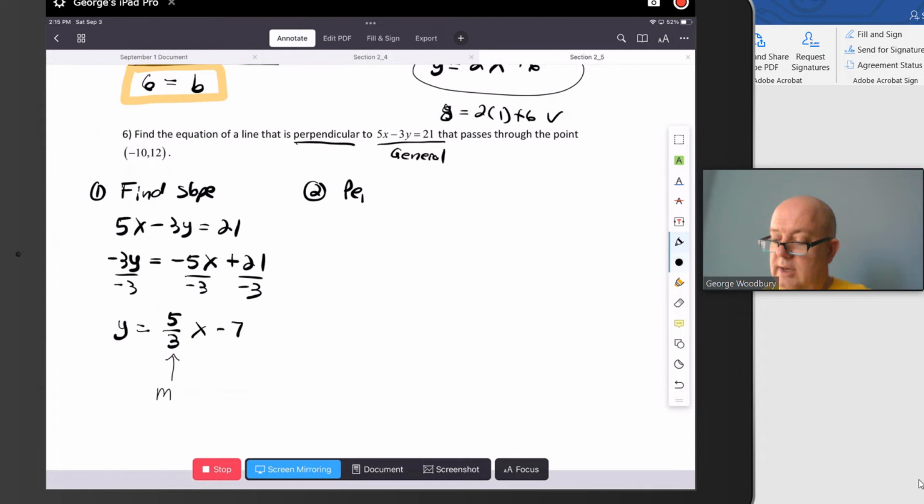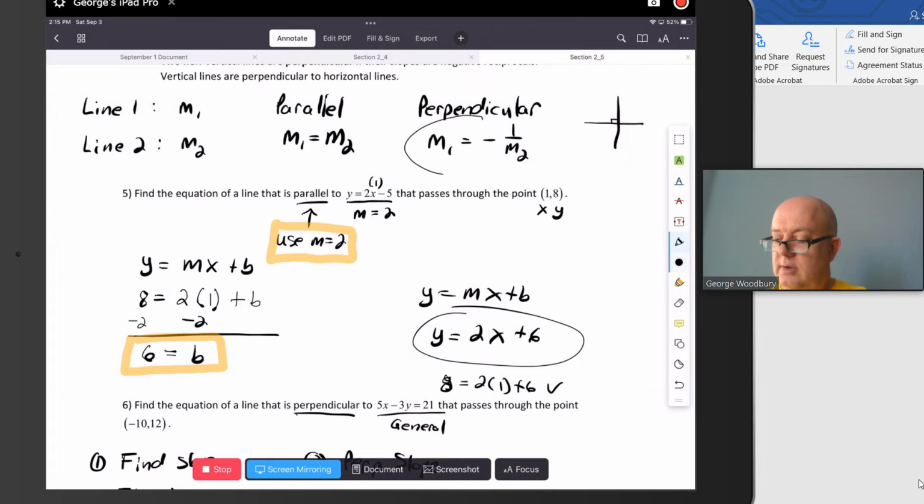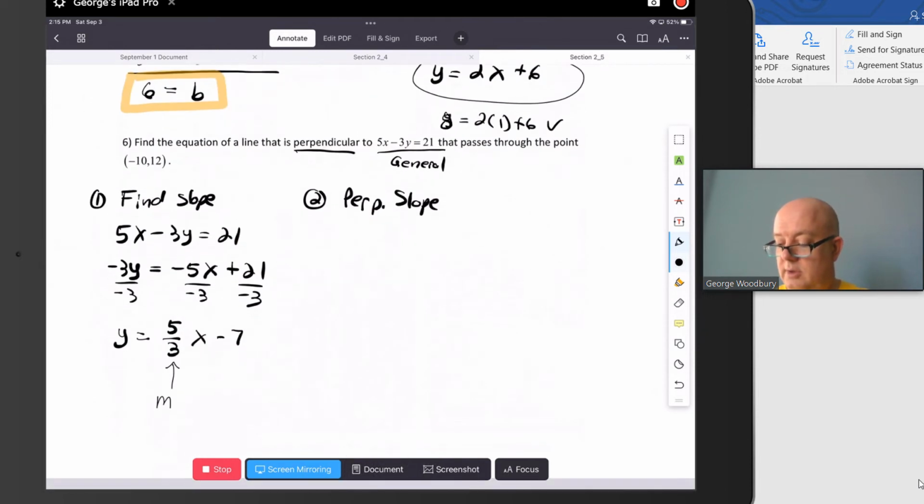Next, I need the perpendicular line slope, and that's the negative reciprocal. When I wrote it originally at the top, I said put negative 1 over that slope. But when you have a fraction, you can just take the reciprocal and change its sign.